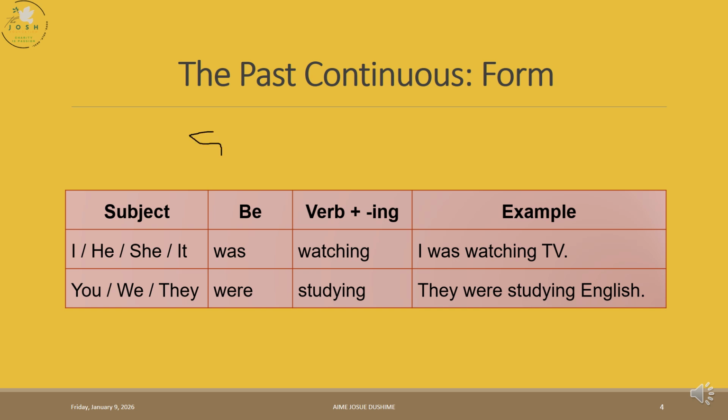The form: subject plus was or were plus verb in ing form.